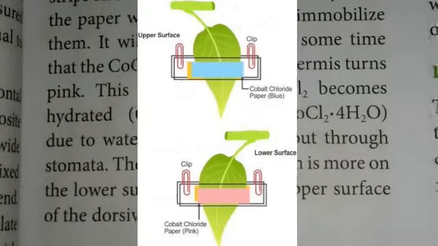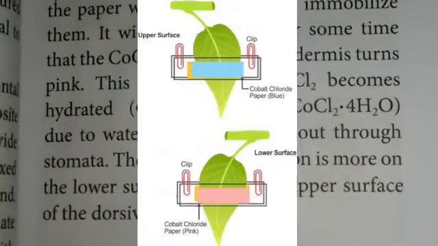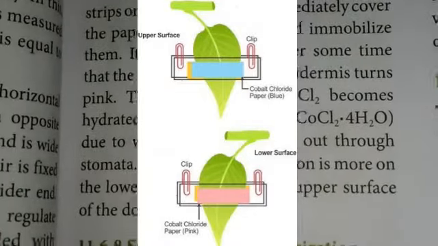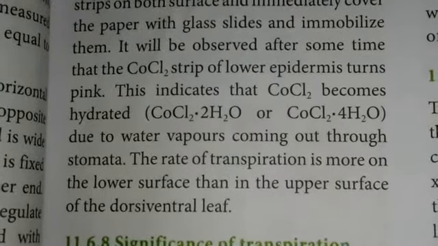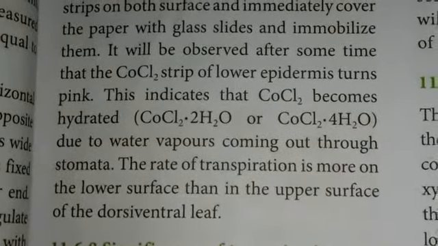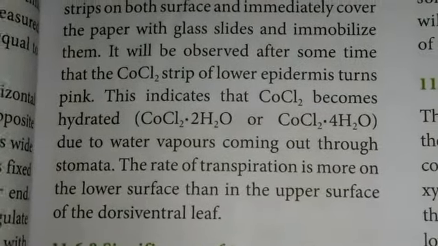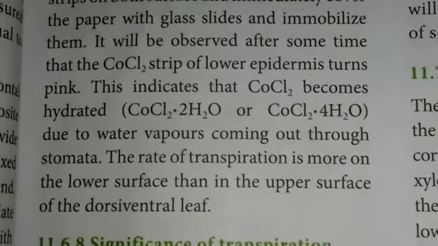This indicates that the cobalt chloride becomes hydrated. It absorbs water vapor coming out through the stomata. So the rate of transpiration is more on the lower surface than on the upper surface of the dorsiventral leaf.